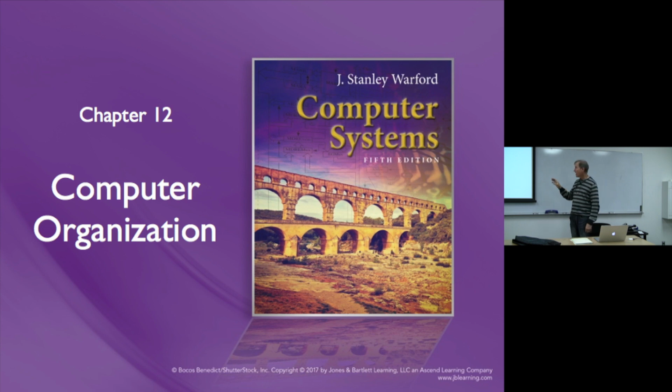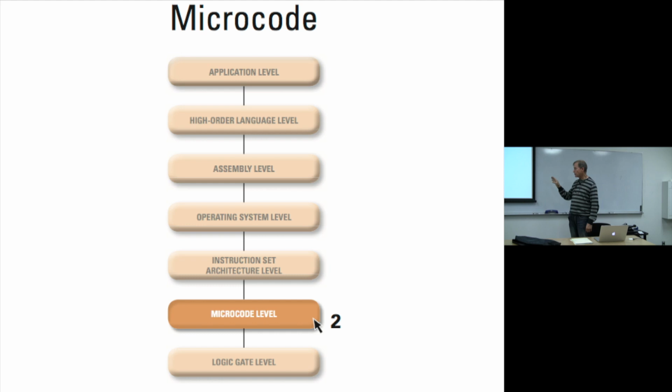On this slide, we're moving from the logic gate level, where we did the combinational circuits and the sequential circuits, up one level to the microcode level, the level between the ISA level and the logic gate level.